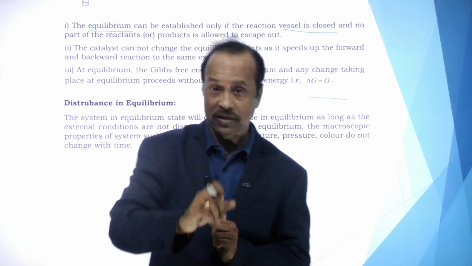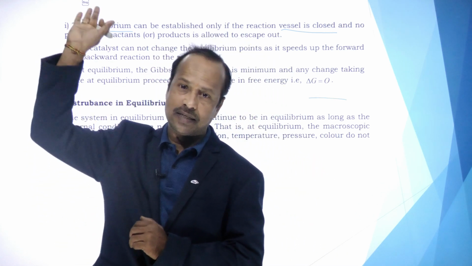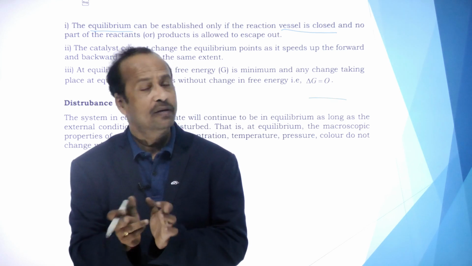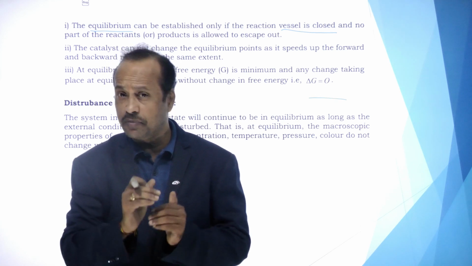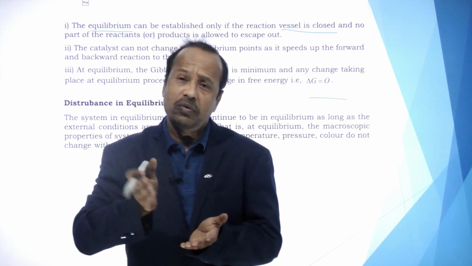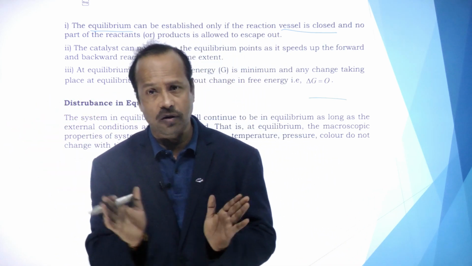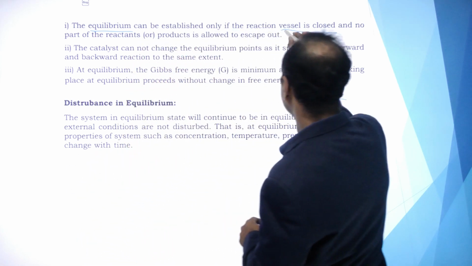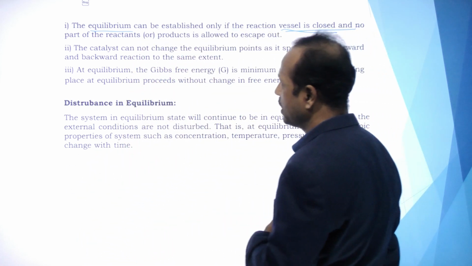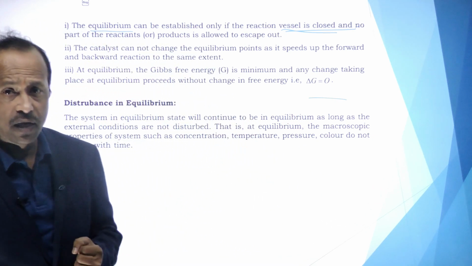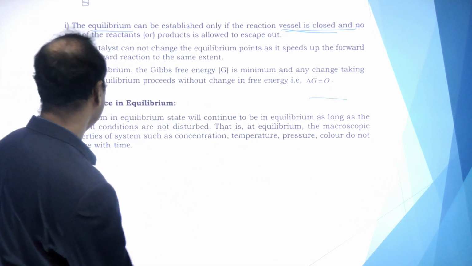But as carbon dioxide is a gas, what happens? Carbon dioxide escapes and only calcium oxide is left. Does it take the reversible reaction? No, the reversible reaction does not take place, because whatever carbon dioxide is forming is escaping out of the vessel. So the condition is that equilibrium takes place only in a closed vessel. And the second one is what?